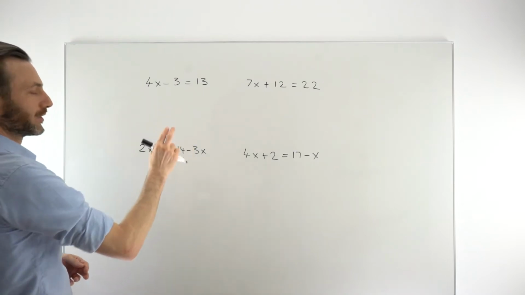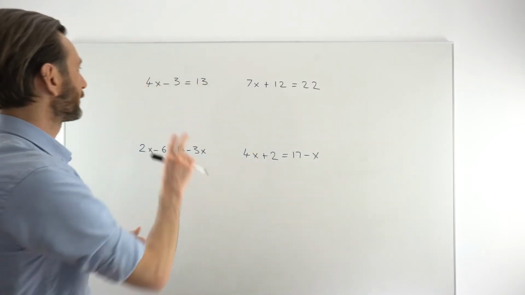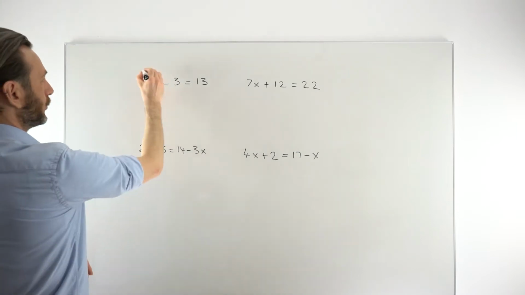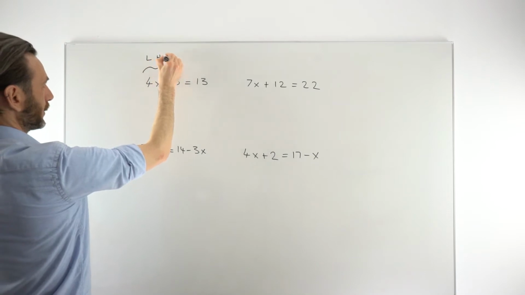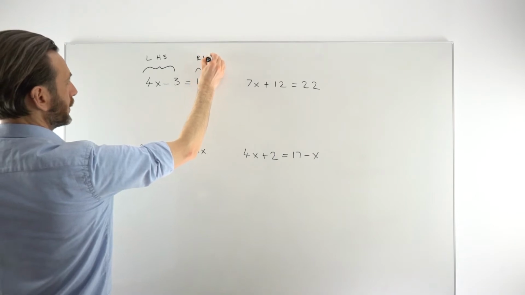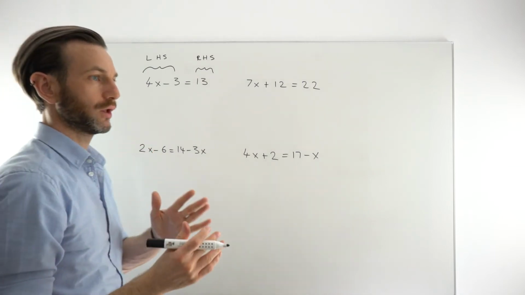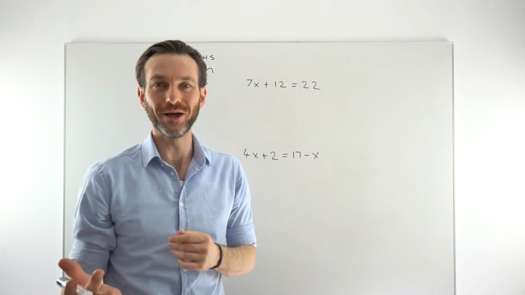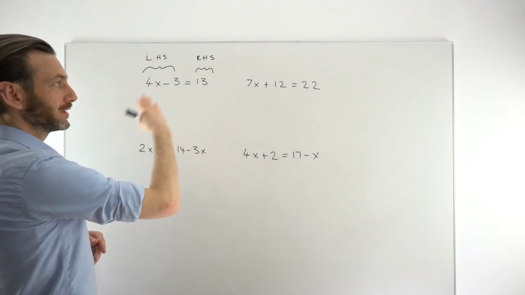And the primary rule that I cannot emphasize enough is that when something crosses over the equals sign, let's call this the left-hand side of the equation, and everything over here the right-hand side, when something moves from the left to the right or from the right to the left, it changes its sign. So a plus becomes a minus, a minus becomes a plus, or if it's a multiply it changes to a divide, or a divide to a multiply.